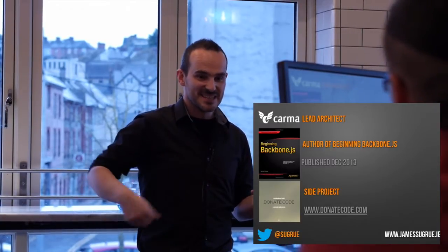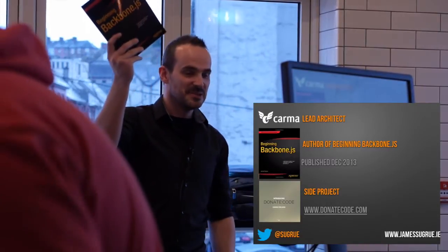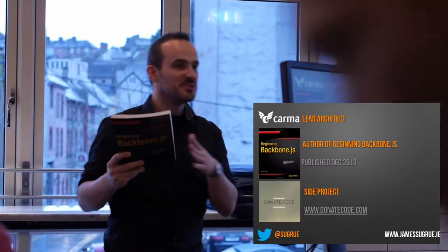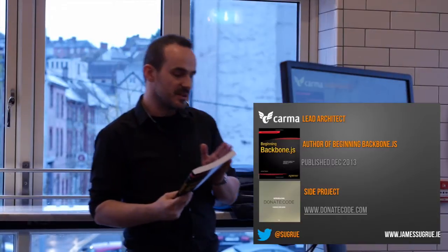and while I was doing that, I decided that the best way to know the technology intimately was to write a book. It was released in December, and the book goes through all of the key points about Backbone, and there's not too much. It's a nice, light JavaScript framework.